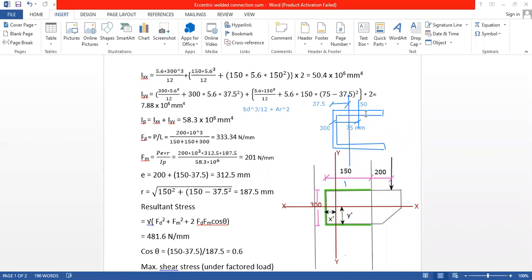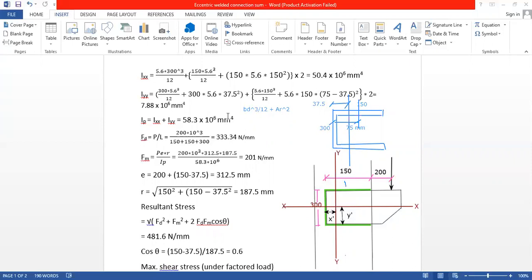It is nothing but 75 mm minus 37.5. So that is what I've written here. So this is a into r square. Done. Now the same thing for the third strip, the calculation will be the same. So I have multiplied this entire expression with 2, and that is how we are calculating the moment of inertia about the x axis and the moment of inertia about the y axis.